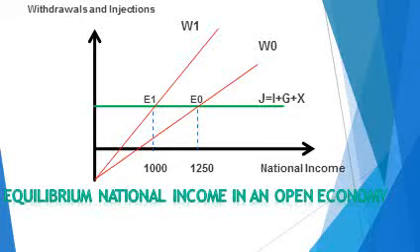According to this graph in this slide, you have the initial point of equilibrium 1250, and after the change in your marginal propensity to import, you have the new point of equilibrium E1, and your national income equilibrium is only 1000. It means that the change in marginal propensity to import leads to a decrease in your national income equilibrium.